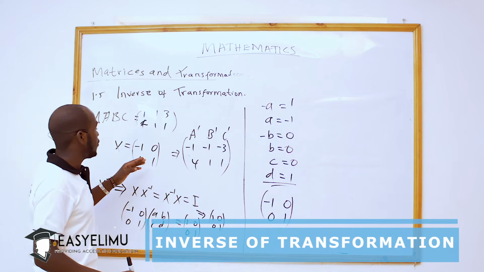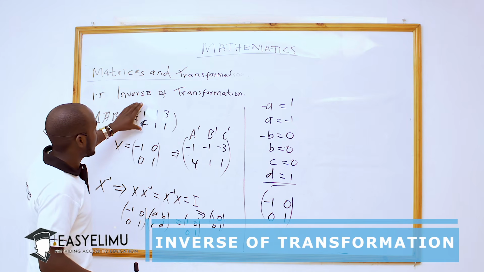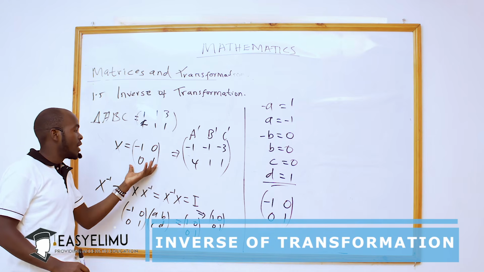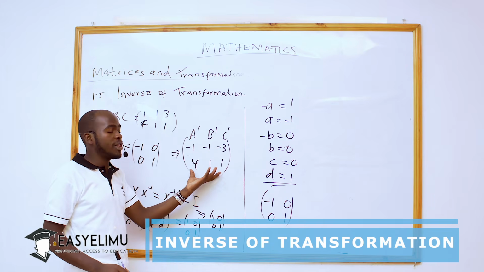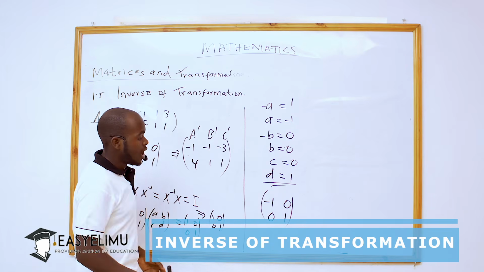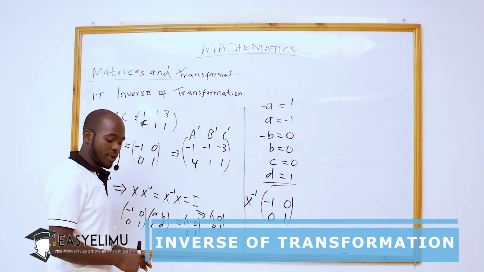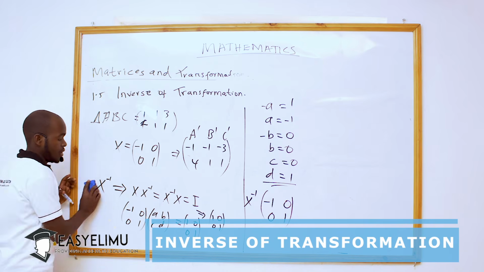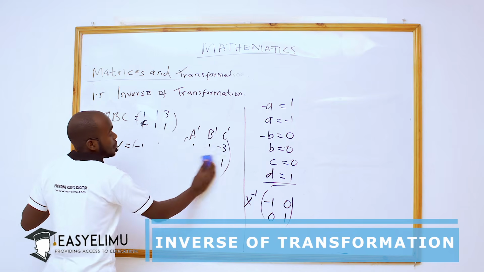So meaning that if you transform this object from these vertices through a transformation x, it will give you an image of a prime, b prime with these coordinates. Now we have found the matrix of that one, x inverse is that one. Now that was our first way you can use to find the inverse of a transformation.